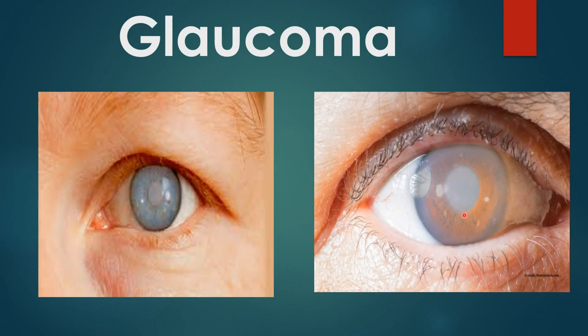When more fluid is produced in the eyes and there is some problem in the drainage system that doesn't work properly, two things can happen: overproduction of extra fluid, or some problem in the drainage, that is excretion. For your knowledge, I'm saying drainage; some functional problem might be there.